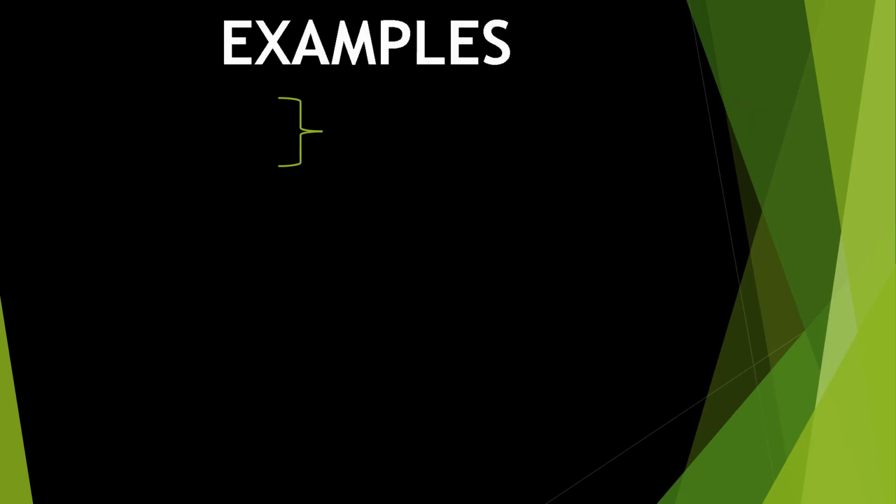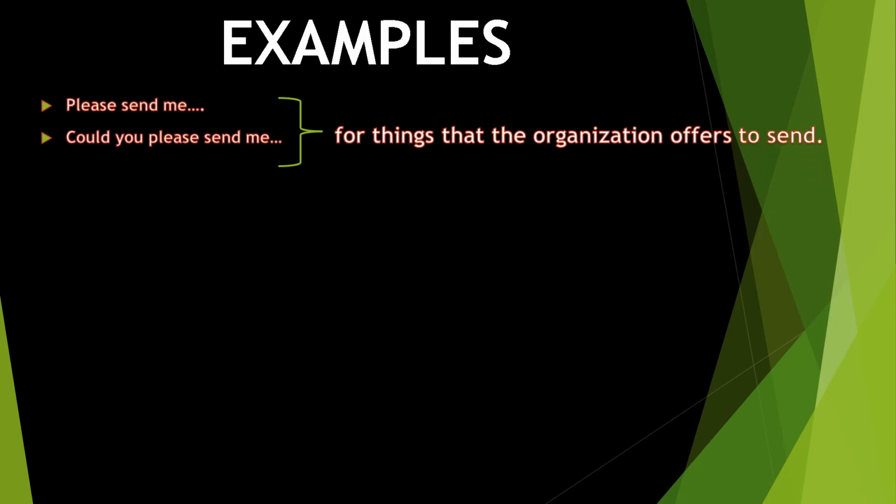Here are some examples by which you can understand how you're supposed to write the format of the first paragraph. It says, please send me, or could you please send me? It is for things that the organization offers to send.